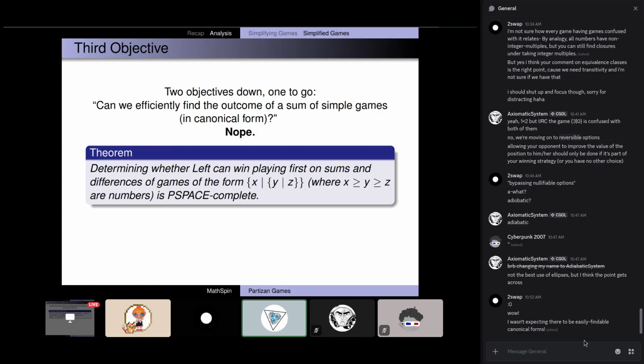Could someone explain PSPACE-completeness to me like I'm 10? Sure. If you have an algorithm that can run with a polynomial amount of space, a polynomial in the input, then, so I was not prepared to do this on the fly, and maybe some of the others here.